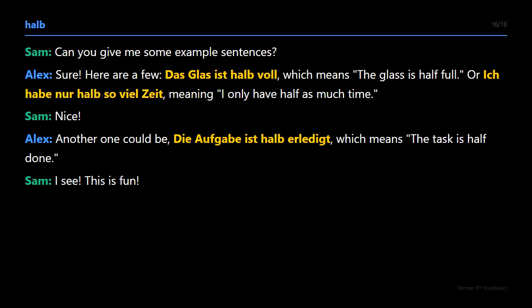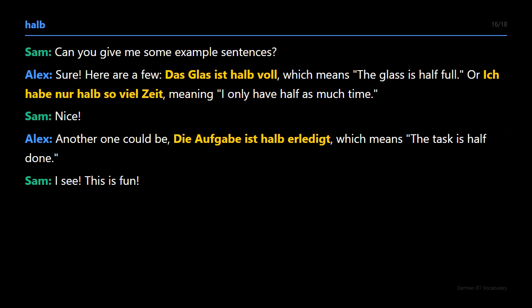Or, Ich habe nur halb so viel Zeit, meaning I only have half as much time. Nice. Another one could be, Die Aufgabe ist halb erledigt, which means the task is half done.